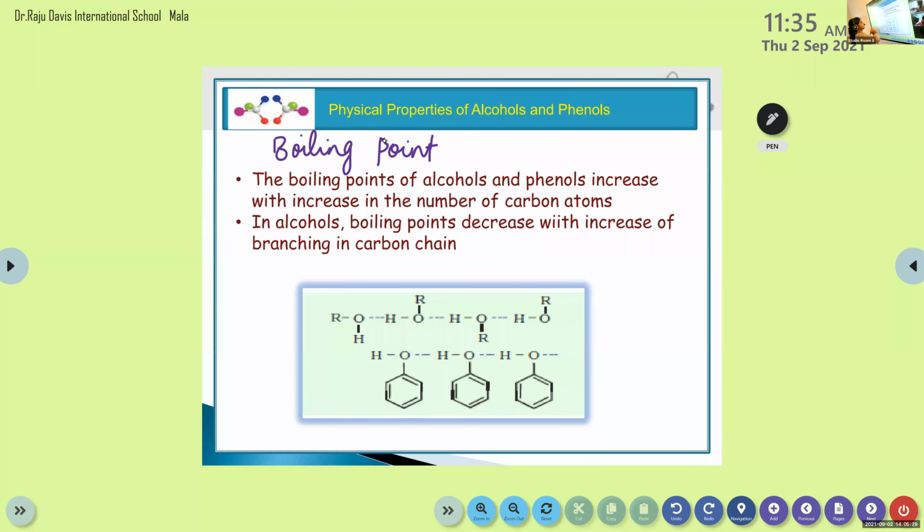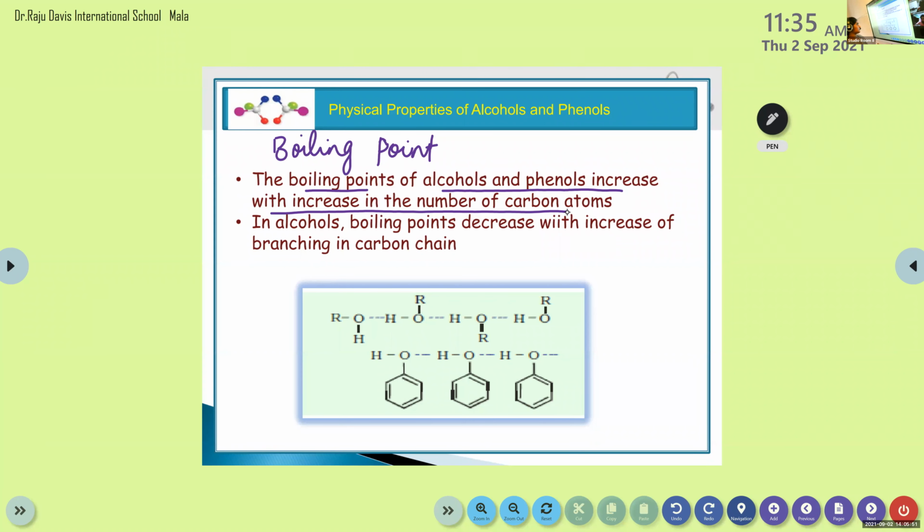The boiling points of alcohols and phenols increase with increase in the number of carbon atoms. If there is a long chain of carbon atoms, their boiling point increases along with the increase in the number of carbon atoms.